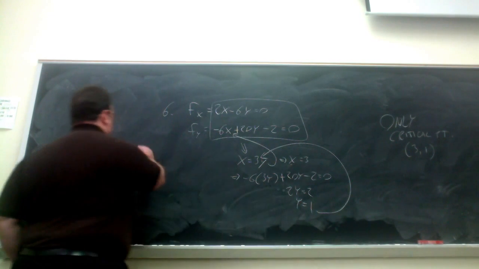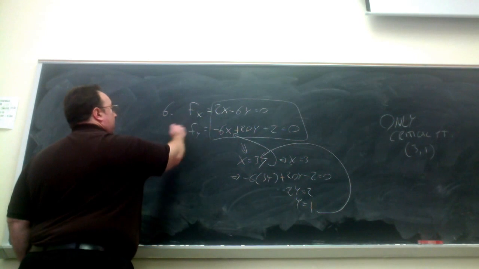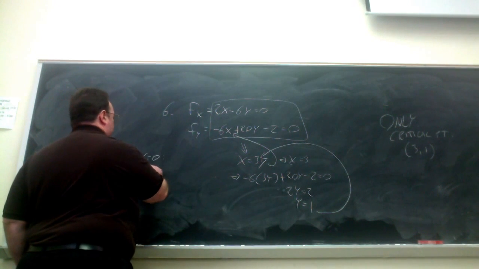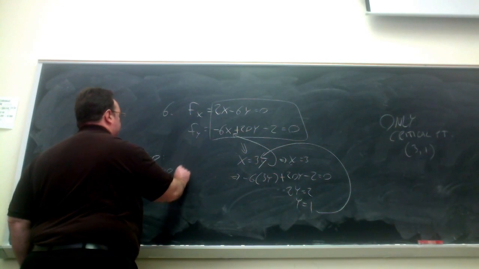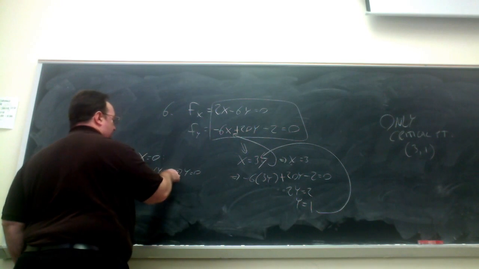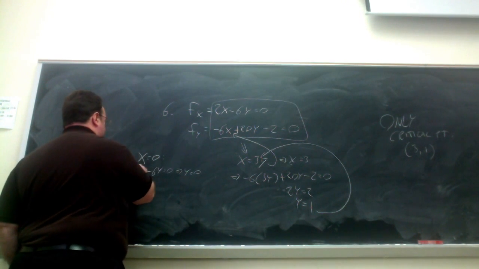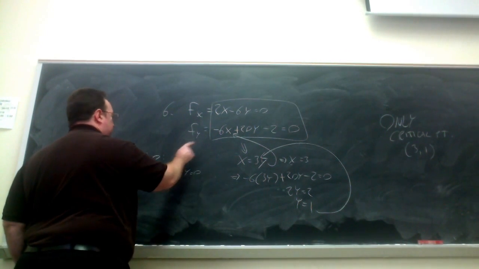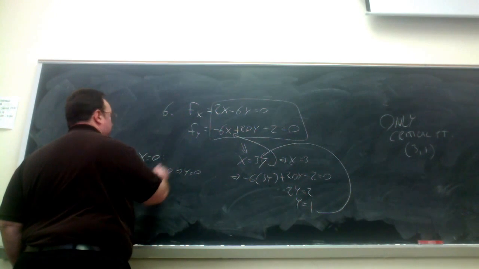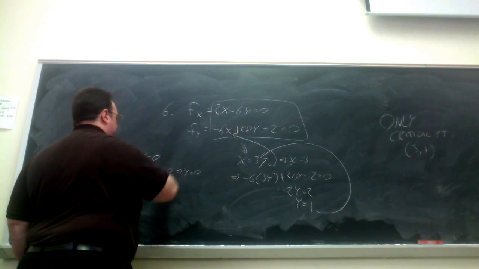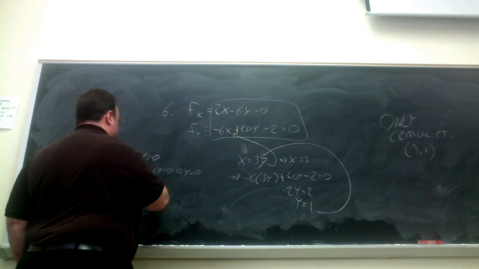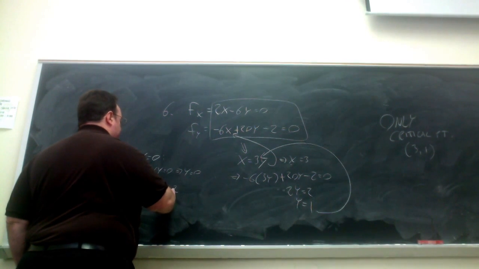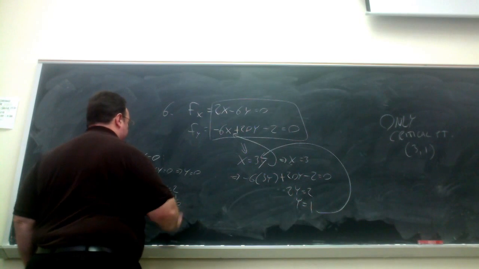If x equals 0, then you have minus 6y equal to 0, so therefore y is 0. So for fx, you must have y equals 0. But then you plug in x equals 0 in the second equation, fy equals 0, and you get 20y equal to 2 and therefore y equal to 1/10.